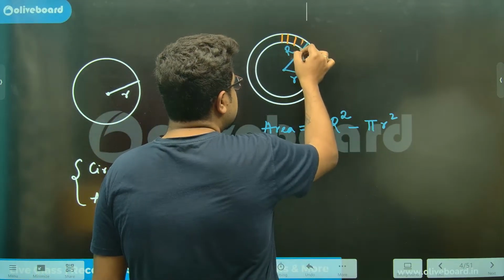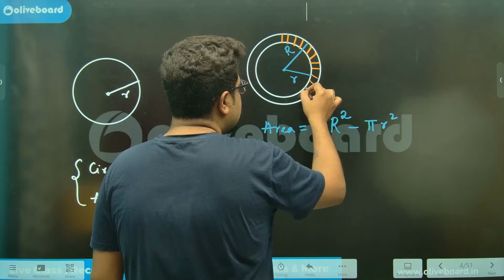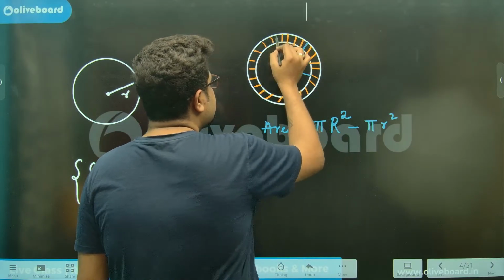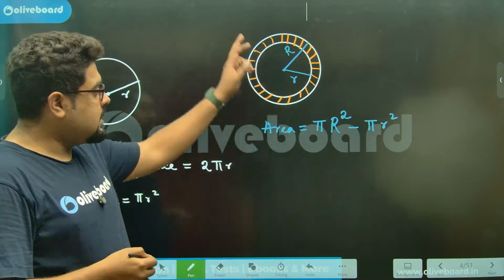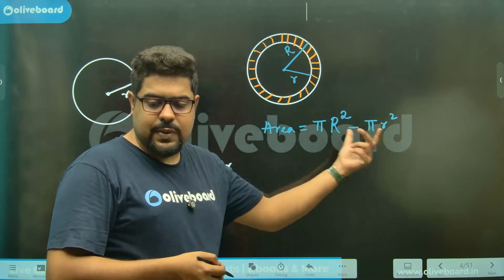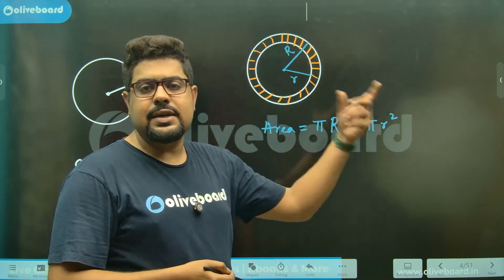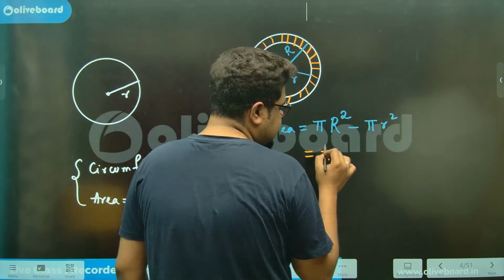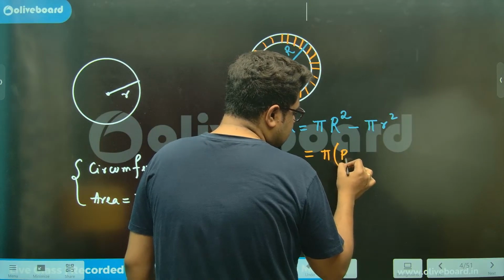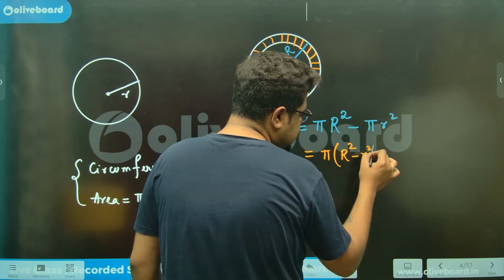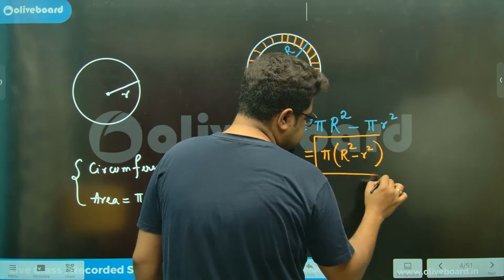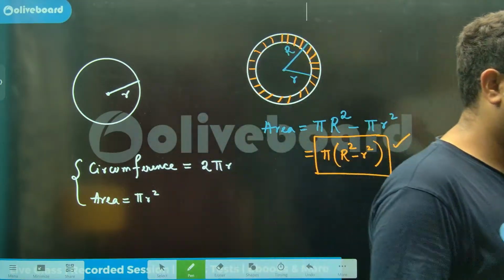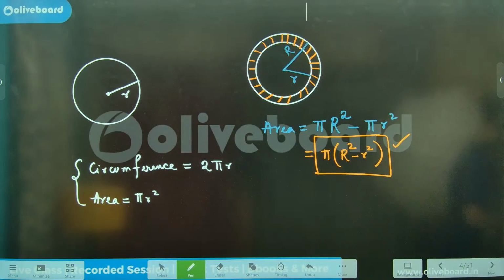So the area will be the outer circle area minus the smaller circle area. Taking pi common, you get pi times capital R square minus small r square. This is the area of the ring.